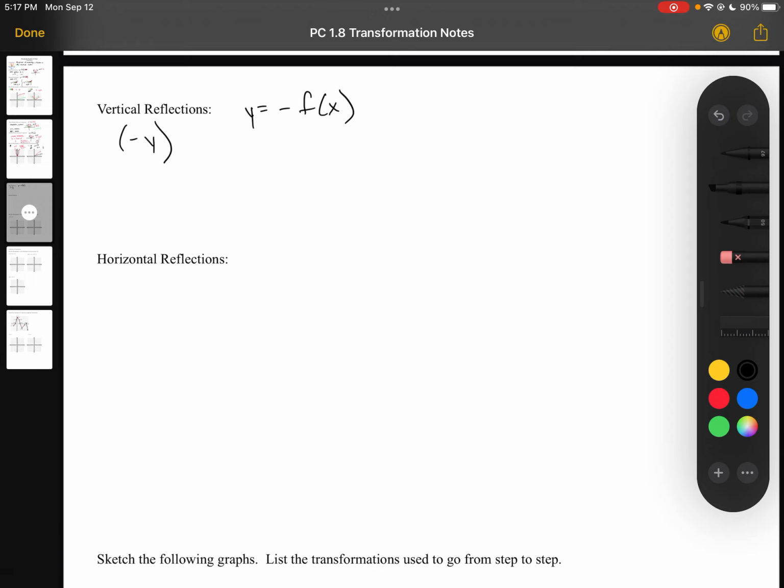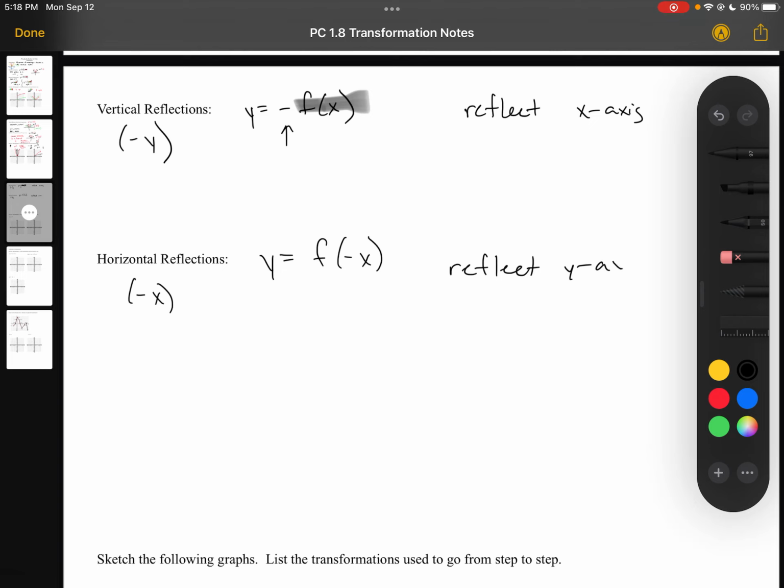So we have our entire function, and then the entire function becomes negative. A horizontal reflection is our negative x example. This is when we have the original function, but inside of it, all of our x's become negative. So these are the two different ways that we're going to see it. A vertical reflection is going to go over the x-axis, and a horizontal reflection is going to reflect over our y-axis.